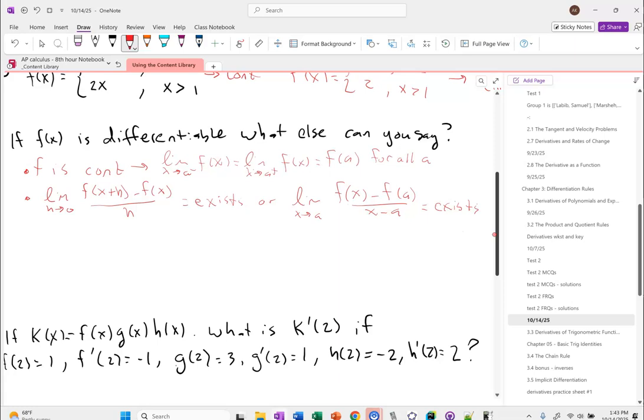That's our definition of continuity. What about these two things together? What does that tell us? The limit exists, yeah.